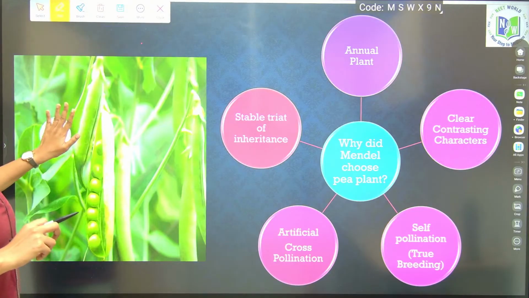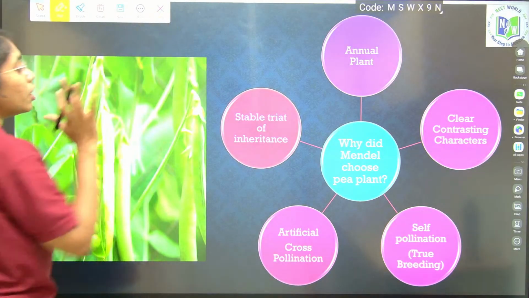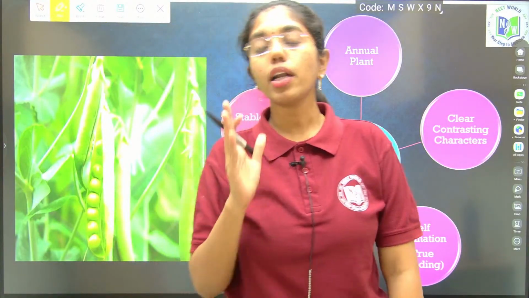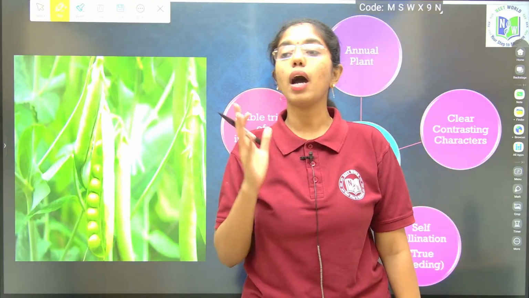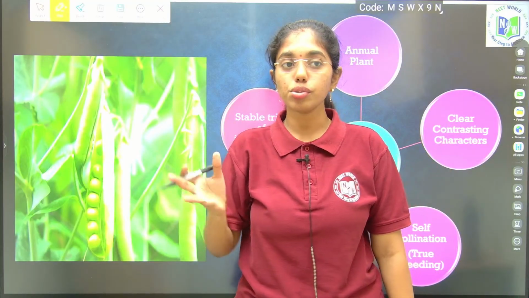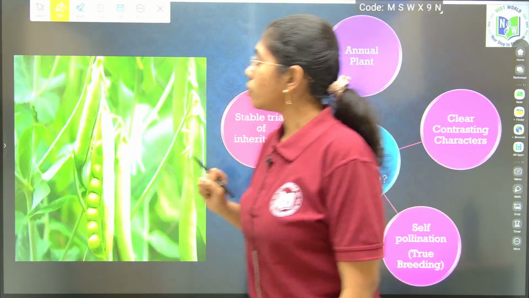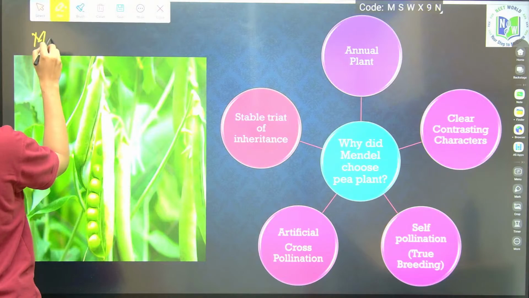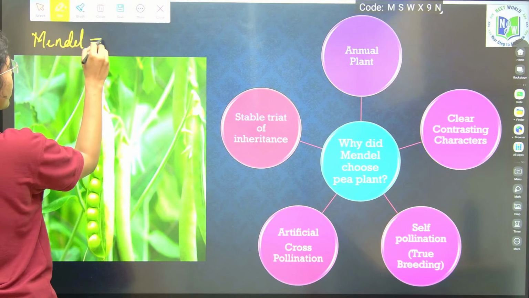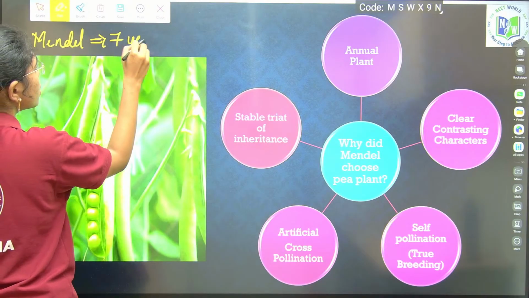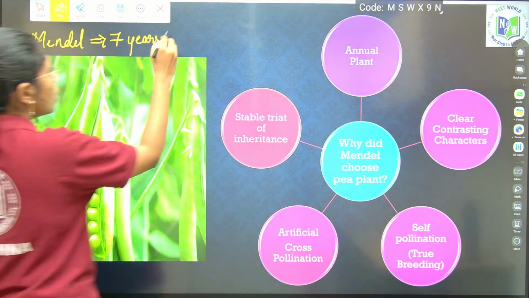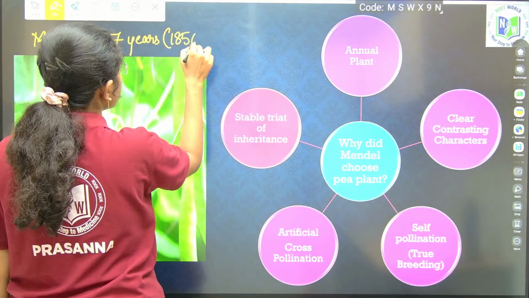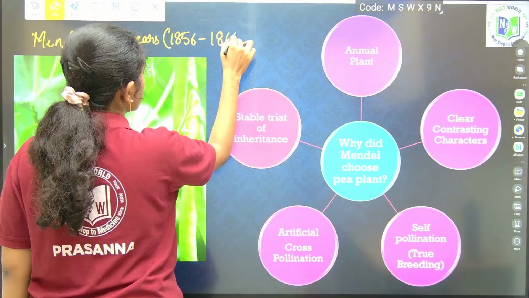And it is Mendel who worked for 7 long years on garden pea, that is Pisum sativum. It is important for statement based questions to know why Mendel chose Pisum sativum. So here, it is Gregor John Mendel who worked for 7 long years, from around 1856 to 1863.